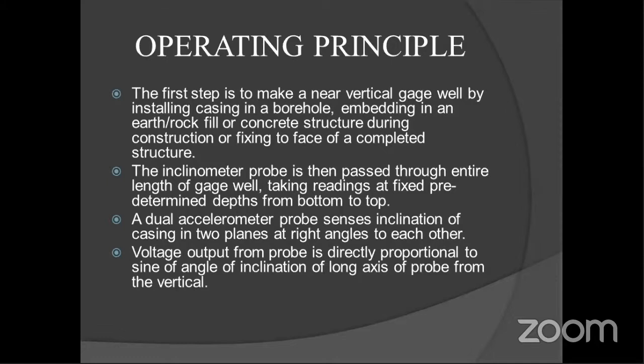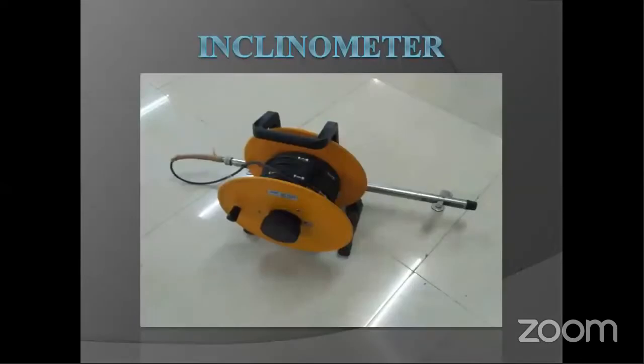As I said, I would like to show how it works. Once that hollow steel pipe is inserted, after that we have to put one casing, a normal PVC pipe casing, which will have grooves. As you can see in this picture, we have wheels on both sides, top and bottom of the inclinometer device.